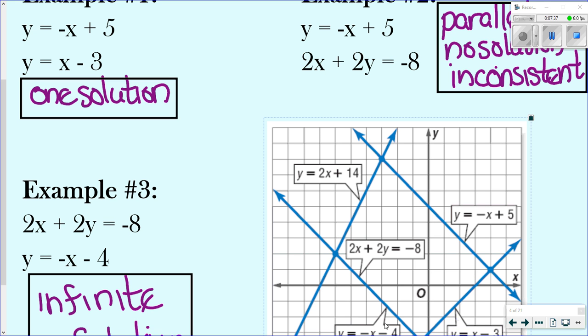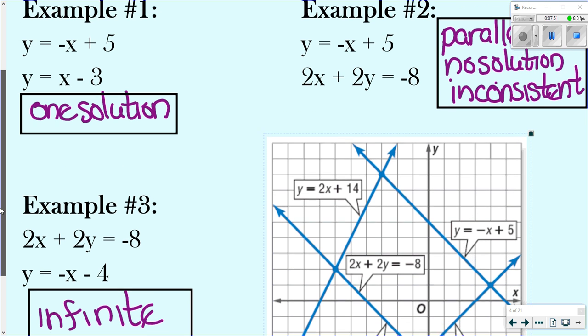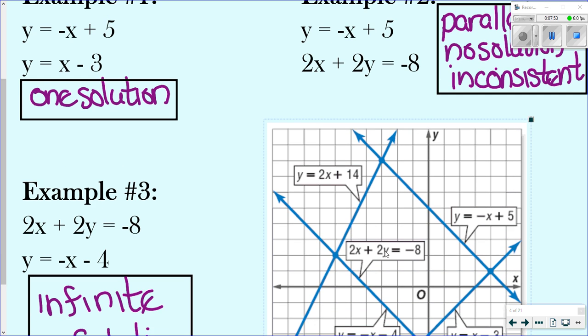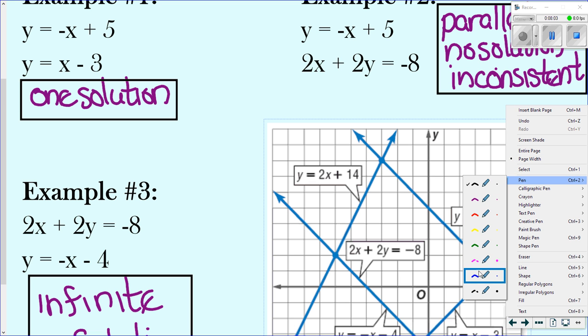Example 2, we have these 2 lines. We have y equals negative x plus 5, and we have 2x plus 2y equals negative 8. So let's look at these 2 lines. They're both running in the same direction. I'm going to change this one so that y is by itself, so that I can show you exactly that they are parallel, because we have to prove that.